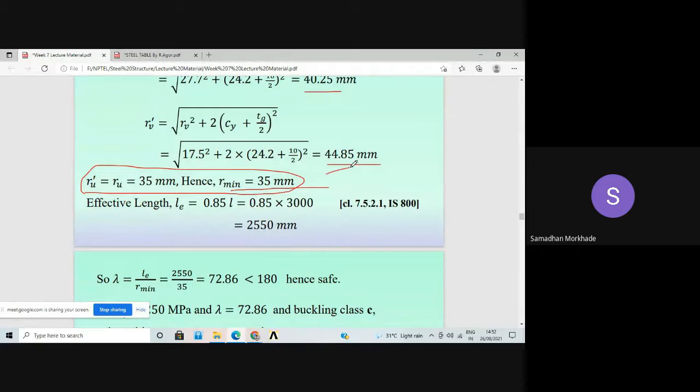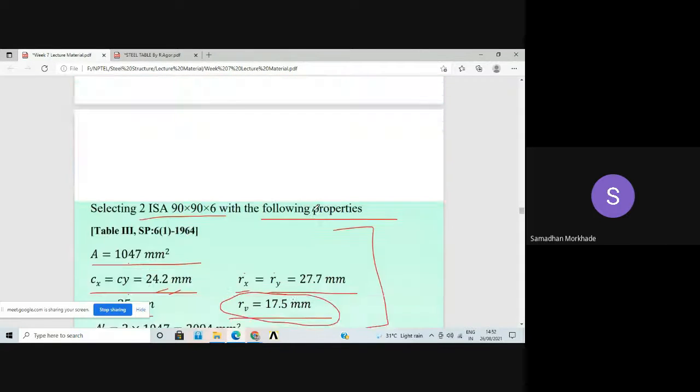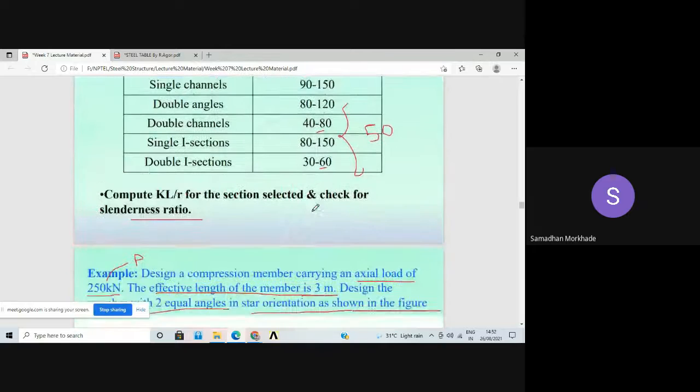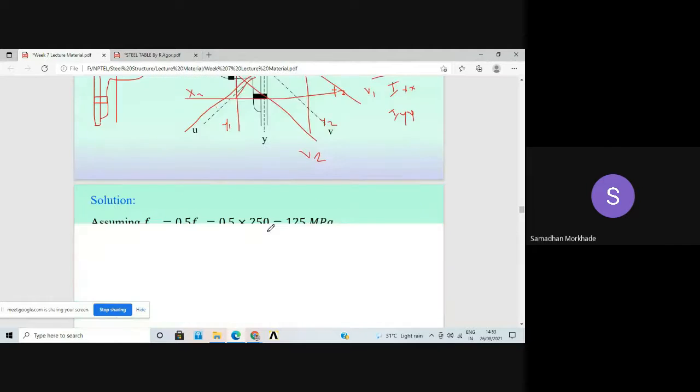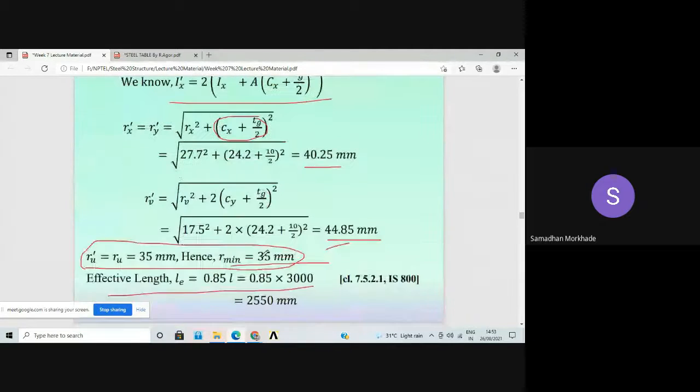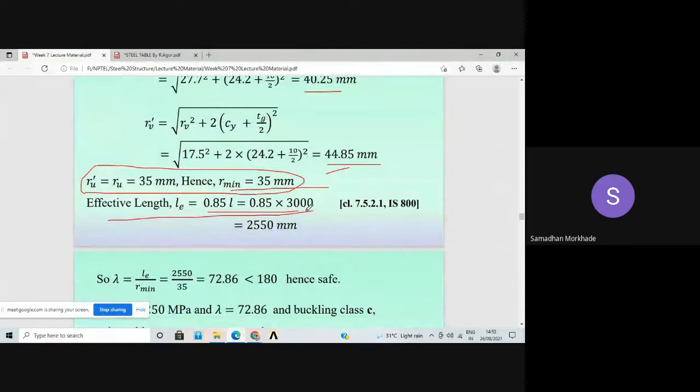This is over. Now, effective length: here in the problem it is directly mentioned as the effective length. Either you can take this as the effective length, or if it is simply given as the length of the member, then you can take 0.85 L for the strut member.